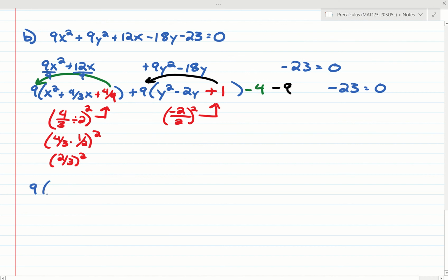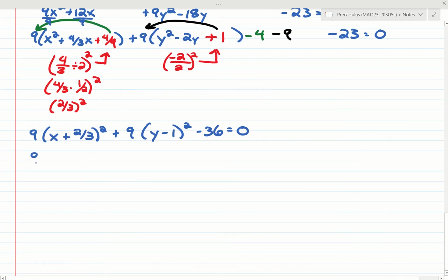We're going to have 9 times x plus half of 4/3, which is 4/6, or 2/3, plus 9 times y minus 1. Then we have negative 4 minus 9 minus 23 is negative 36. Bring the 36 on the other side.